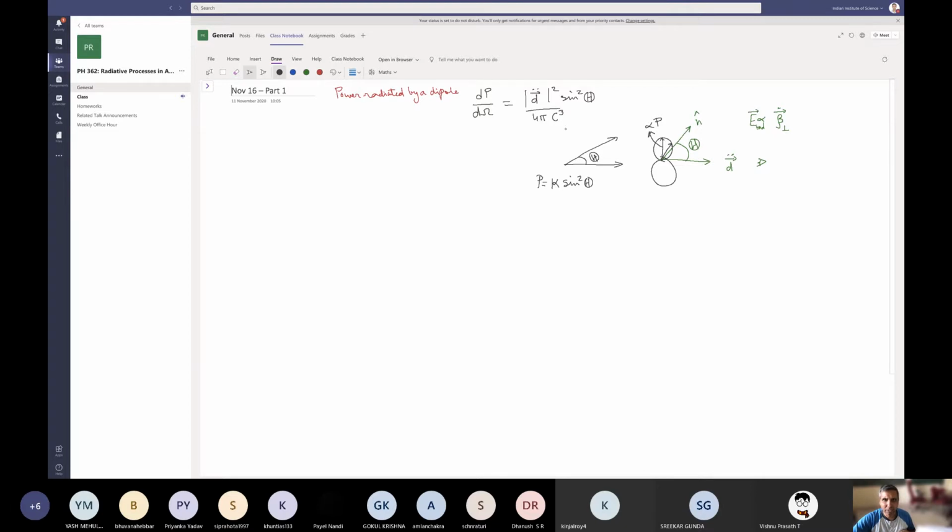Now, here in this direction, P is equal to 1. Here in this direction, P is equal to 0. So basically what you're doing is, for a given theta, you are marking some constant times sine square theta, and it's symmetric, and it sort of goes like this, right? You get what I'm trying to draw?